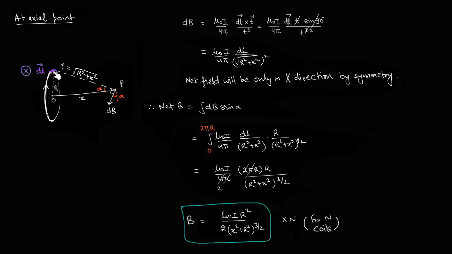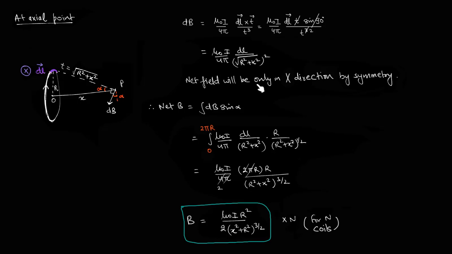Now the angle between dl, which is going inside the plane, and this t, which is on the plane, is 90 degrees. This is mu naught I by 4 pi dl t sine 90 by t cube. Now t I can write as root r square plus x square. So this is the value of dB.